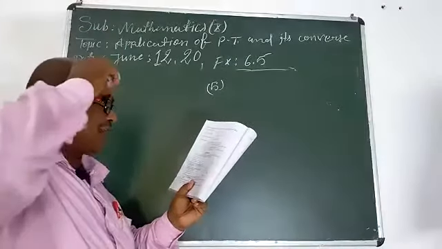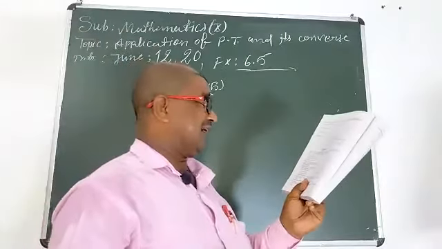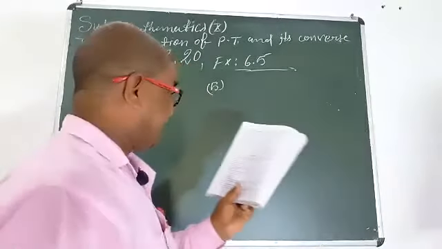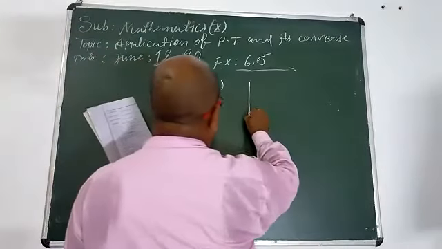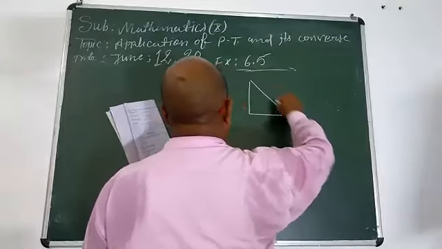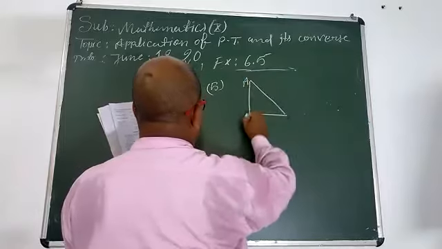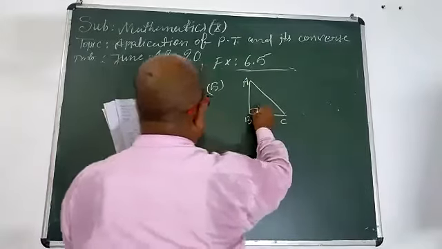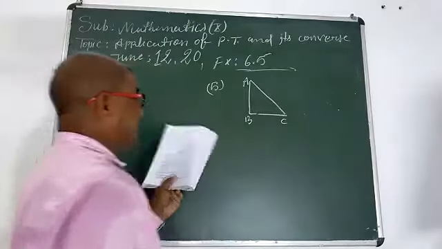If AB square equals 2AC square, prove that ABC is a right triangle. If you draw triangle ABC, suppose this is triangle ABC.